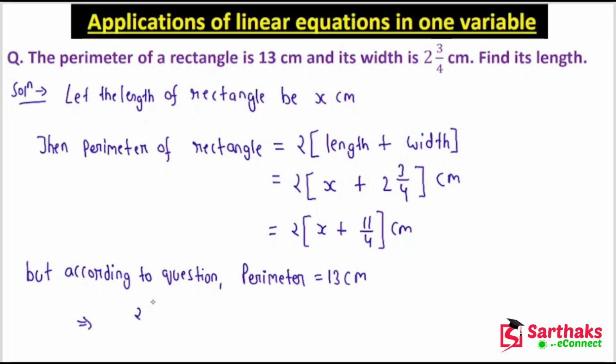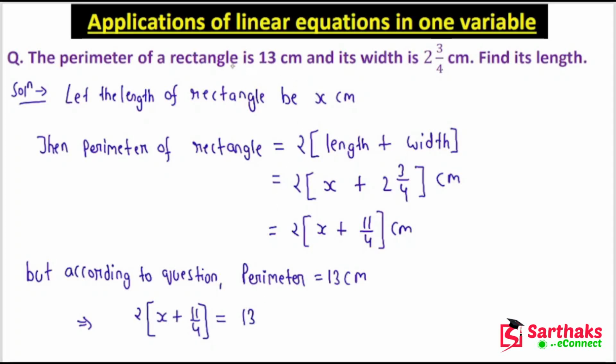So it simply says that 2 into x plus 11 upon 4 is equal to 13, right? So this is the equation. According to us the perimeter should be this, according to the question the perimeter should be this.